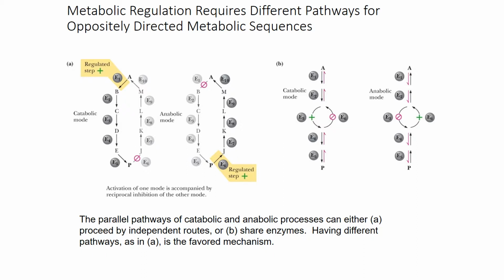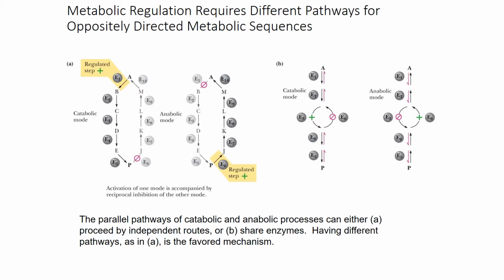The anabolic mode for this pathway utilizes an entirely different set of enzymes. So these two linked or opposing processes are regulated by independent routes. If the catabolic mode is on, that means the anabolic mode is off, and vice versa.